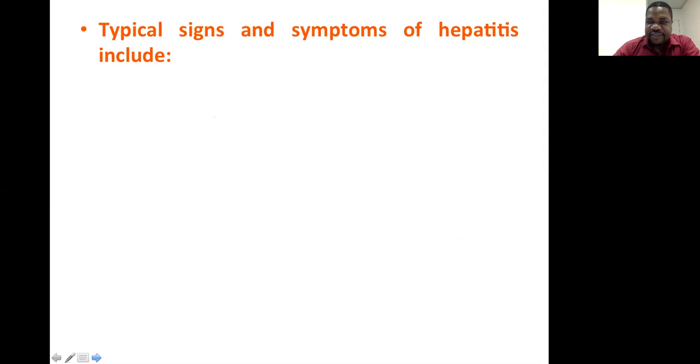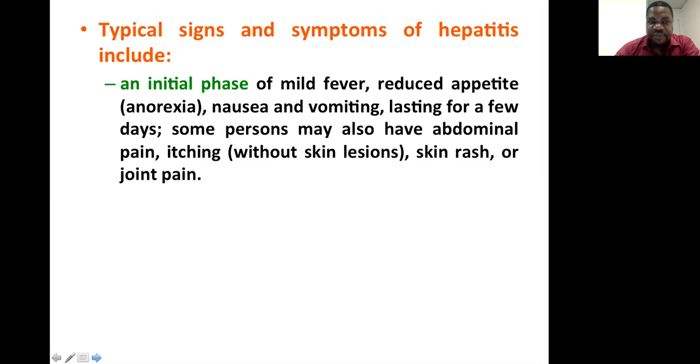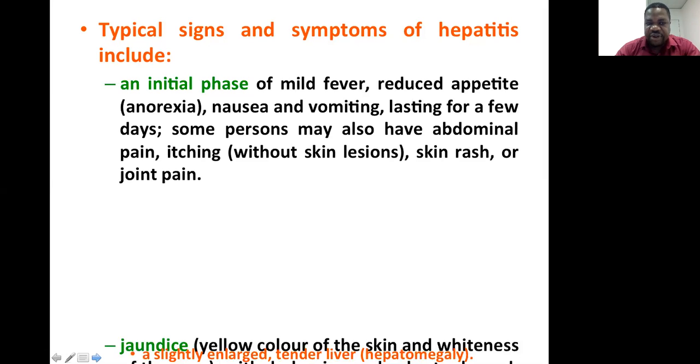What are the typical signs and symptoms of this condition? During the initial phase, the patient will develop a mild fever and reduced appetite, what we call anorexia. He will have nausea and vomiting lasting for a few days. Some persons may also have abdominal pain, or sometimes skin rash or joint pain, during the initial phase.